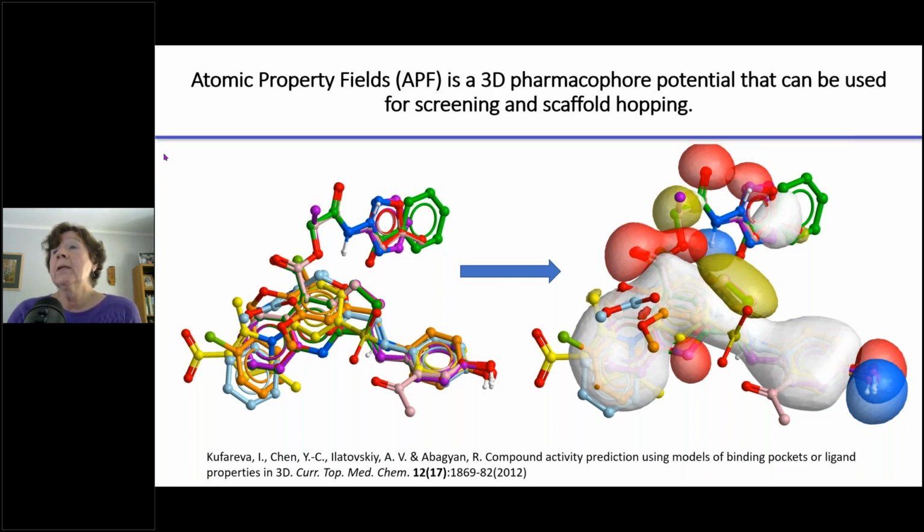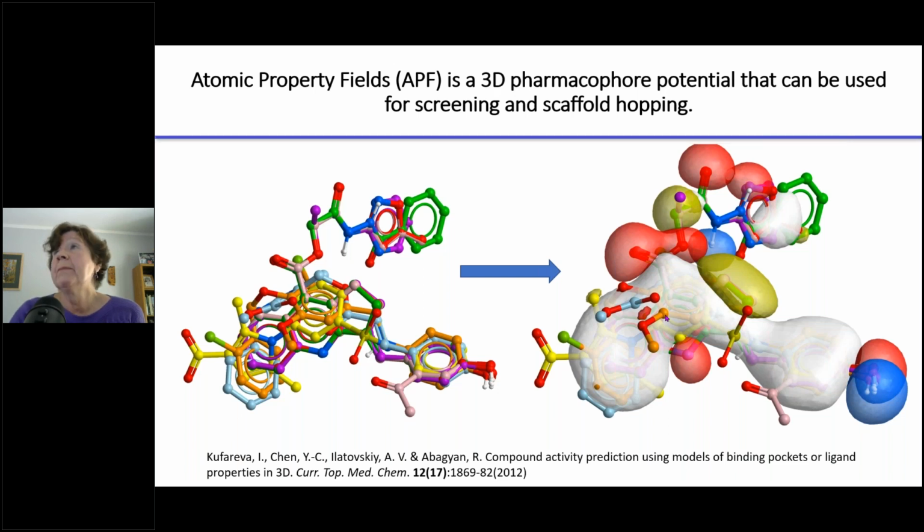It implies superimposition of known hits and generation of a 3D pharmacophore potential that consists of hydrophobic, aromatic, proton donors and acceptors, charges, and so on. The generated pharmacophore can then be superimposed with every molecule in the database. Because many have rotatable bonds and can exist in multiple conformations, you have to superimpose to every conformation.